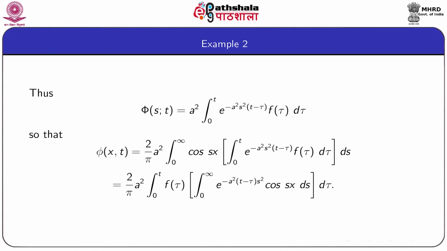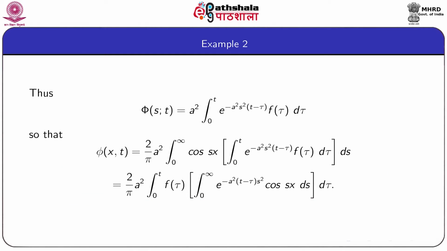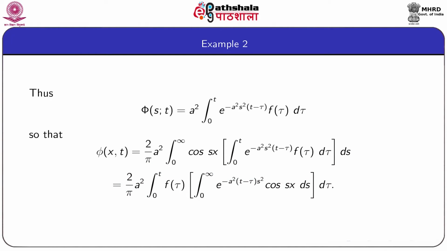Here we interchange the order of integration so that the τ integral becomes the outer integral and the s integral becomes the inner integral. So we get φ(x,t) as 2a²/π integral from 0 to t f(τ) integral from 0 to infinity e^(−a²(t−τ)s²) cos(sx) ds dτ.